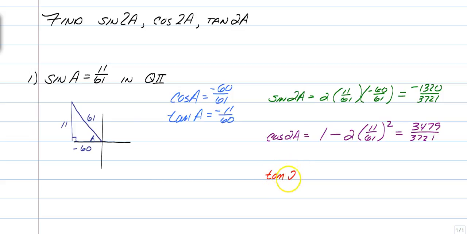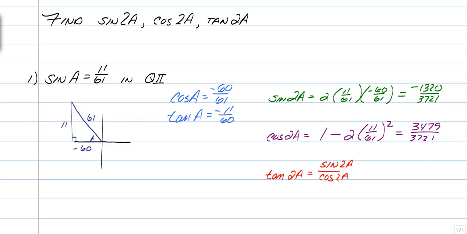So now, how am I going to find the tangent of 2a if I told you we might not even need tangent? For the tangent of 2a, we can use 2 tan x over 1 minus tangent squared x and have a bunch of fractions to work with. However, I want you to remember that the tangent is actually equal to the sine over cosine. So the tangent of 2a is equal to the sine of 2a over the cosine of 2a. Since we've already found sine and cosine, we can just use that. Remember, dividing fractions is just multiplying by the reciprocal.